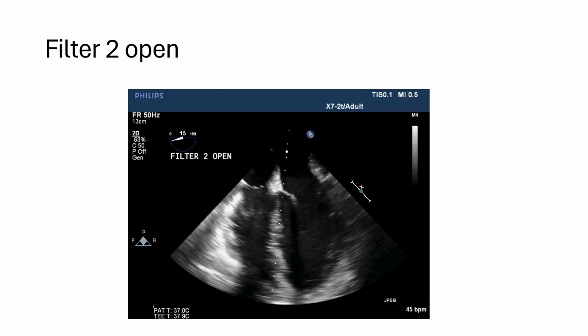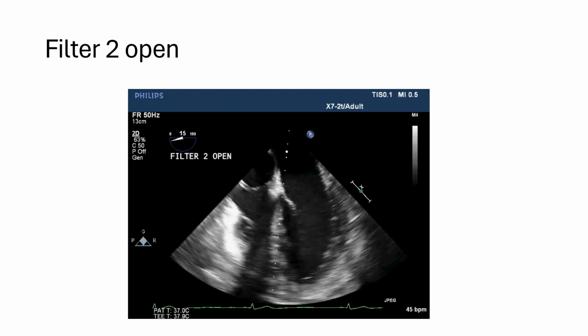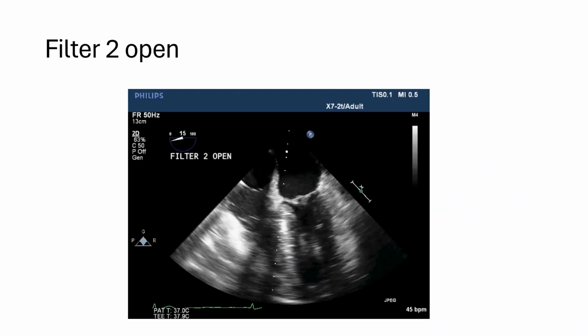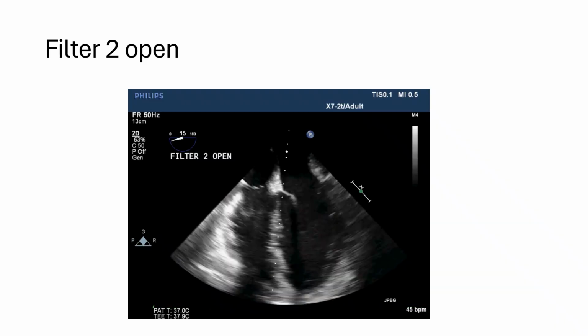So filter 2 opening is the most critical phase throughout the case. That's the time when the most significant hypotension will occur. We used to raise the blood pressure artificially with vasopressor support to about 180 to 190 systolic, and we would still see a drop in the systolic to about 70 to 80.